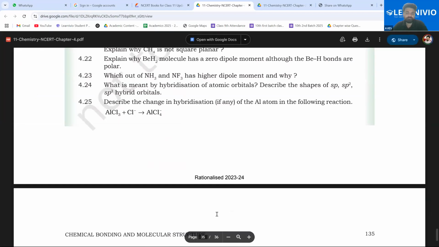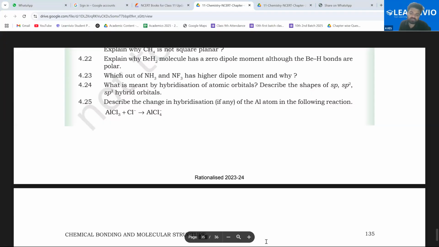What could be the answer? Shape of sp is, s and p, the two hybrid orbitals. The shape of two lobes can be assigned themselves, sir, linear.